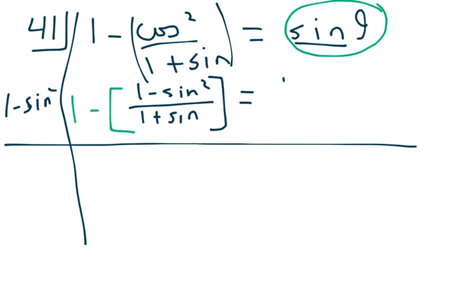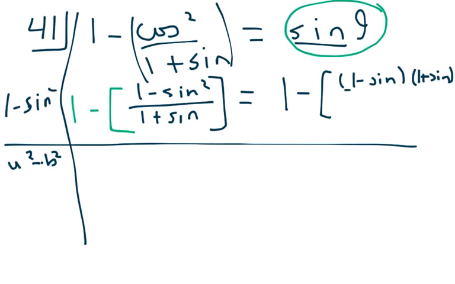which equals 1 minus, and I'm going to use the a squared minus b squared formula. I'm going to break this up as 1 minus sine times 1 plus sine, all over 1 plus sine.